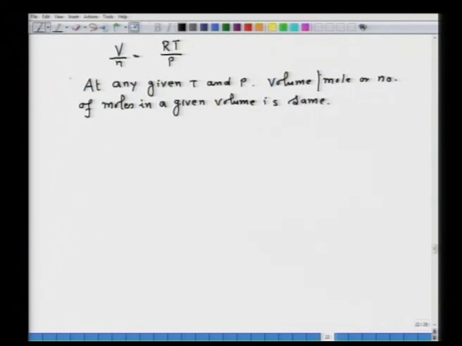This is sometimes required for calculation of material balance problems involved in metal extraction and refining.